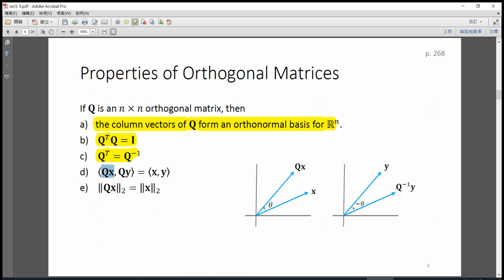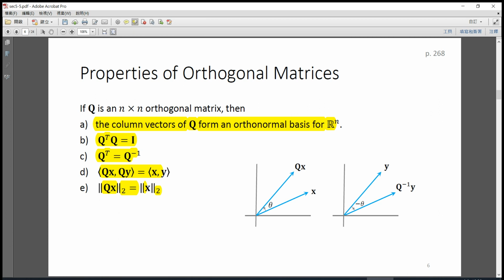Property D: the inner product of Qx and Qy equals the inner product of x and y. That is, inner products are preserved under multiplication by an orthogonal matrix. Property E: the norm of Qx equals the norm of x. That is, the length of a vector is preserved under multiplication by an orthogonal matrix. We have proved properties D and E in the previous slide.